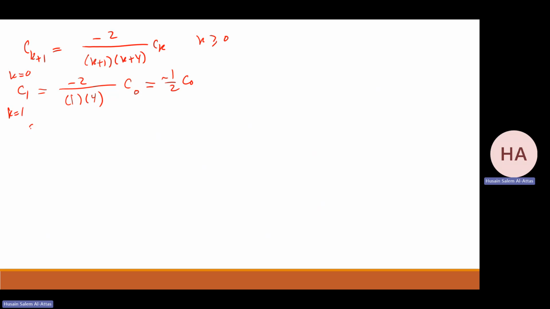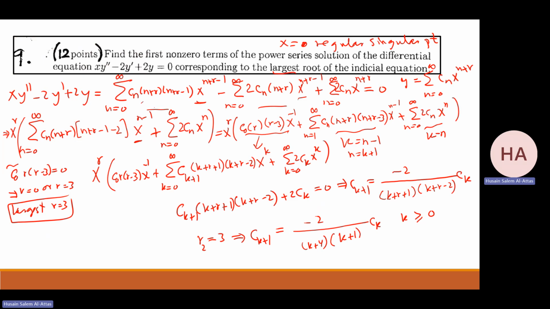Now k equals 1, I have c2. That will be minus 2 over 2 times 5, c1. So it's minus 1 over 5 c1, which is 1 over 10 c0. k equals 2. He wants how many? The first three non-zero terms.